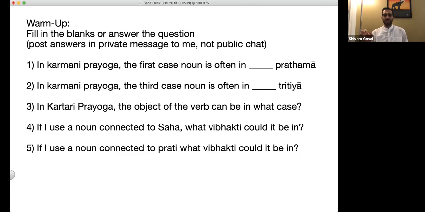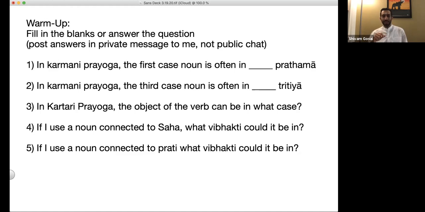So Gajaha Drishyate Devadattena or Ramena. So the elephants are seen by who? By Rama or Devadatta. So the doer of action is in the third case.